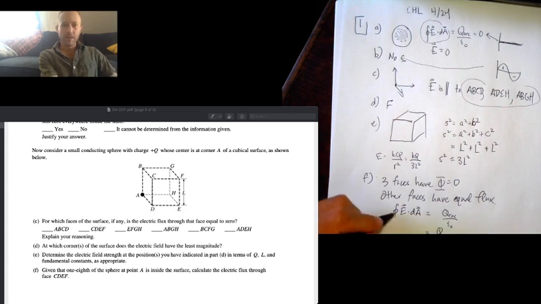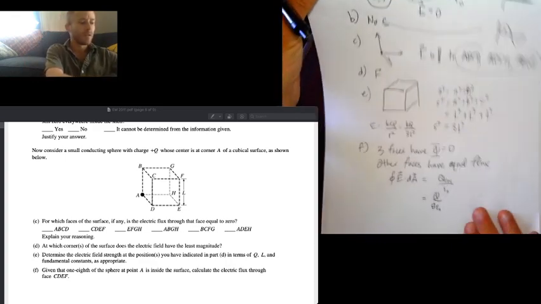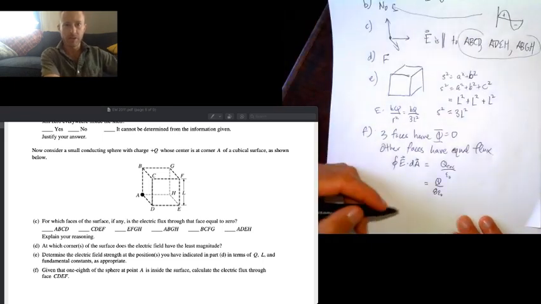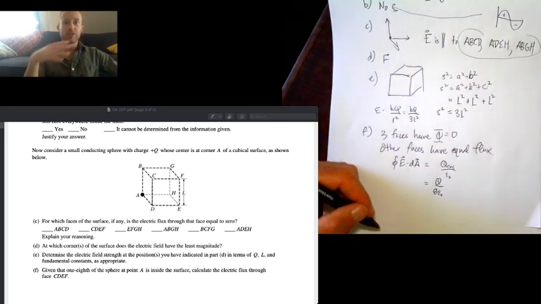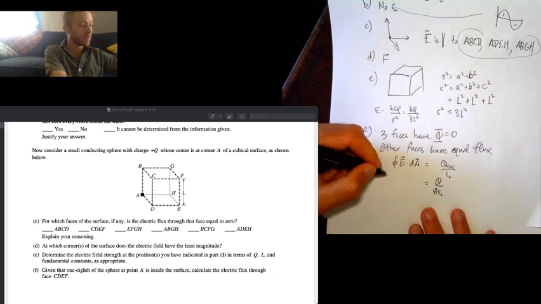And then this term is going to be the sum of 6 fluxes for each of the 6 faces of the cube. 3 of those faces get no flux, and the other 3 faces share the flux equally.